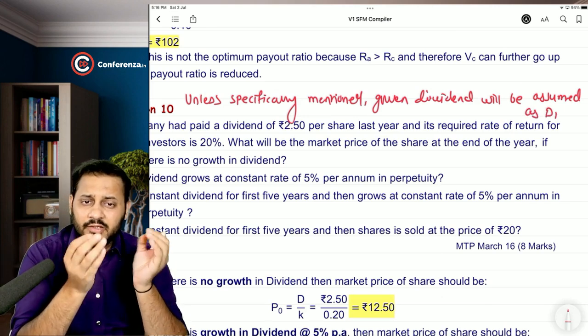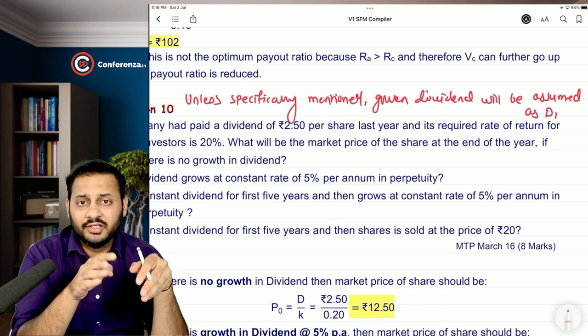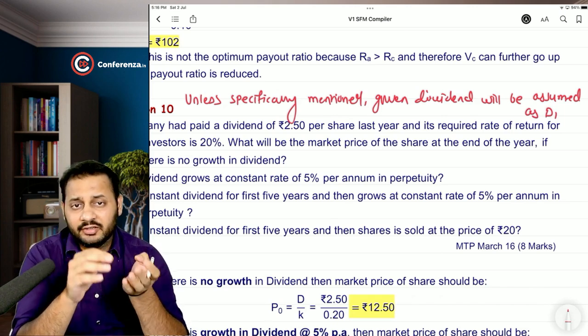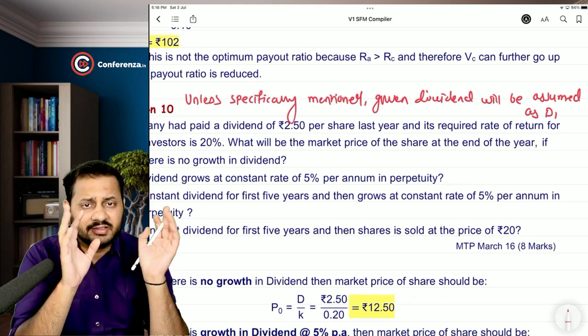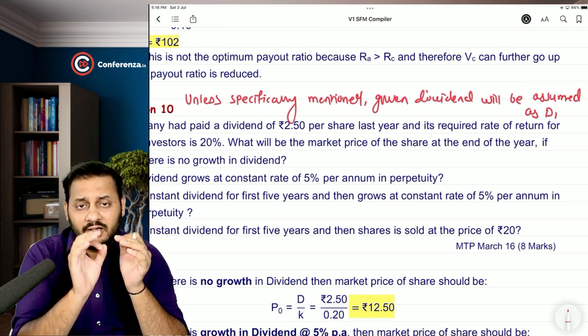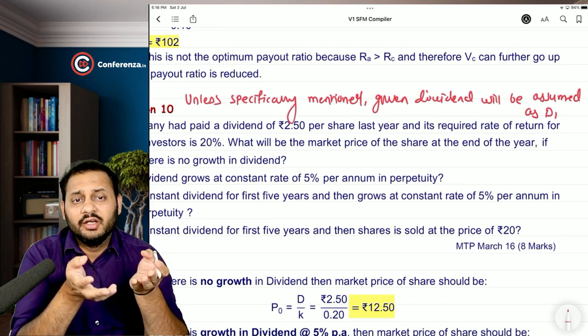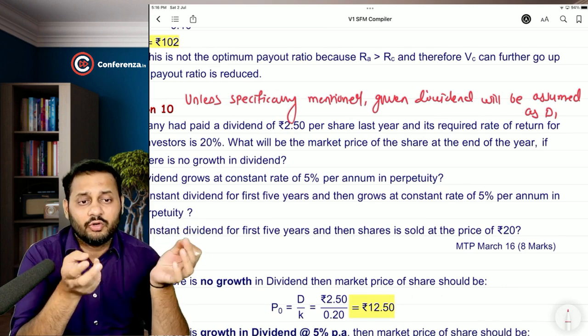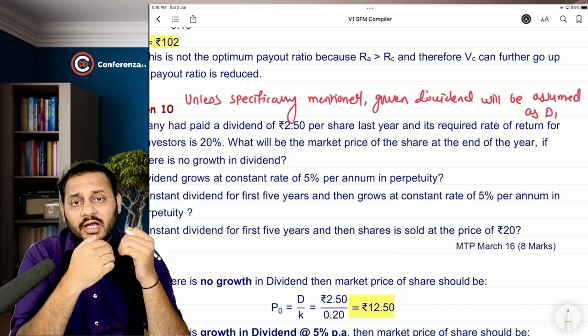Unless specifically mentioned in the question that the dividend is of the past year, current year, just paid, or anything, till that time we are going to assume the given dividend as D1, means it already includes growth. Sir, why and how we are saying that?